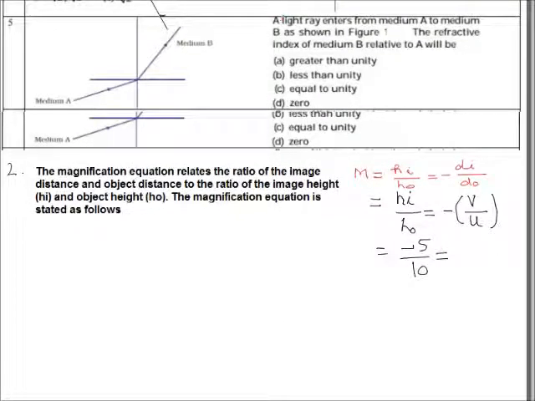So again here v is given to us, that is the distance of the image from the mirror. So now we use it here. It becomes minus 30 divided by u. So when we solve this, I just bring it this side for your convenience.